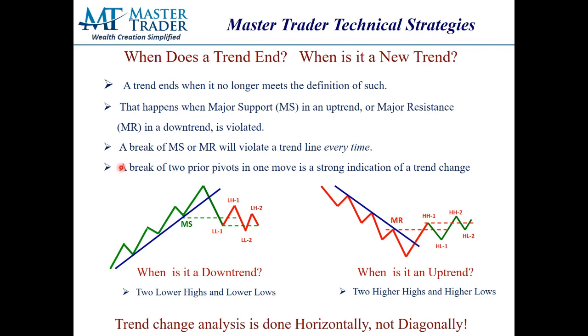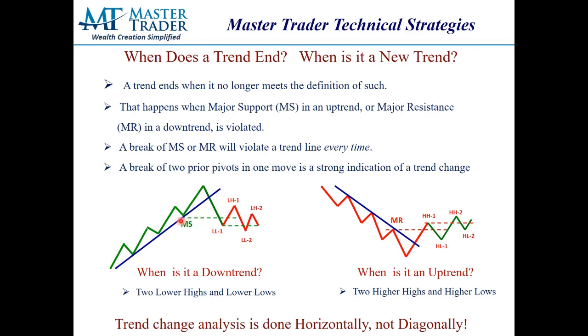Now, one of the rules that I have is that if it breaks below two prior pivots at one time, well, then that's an indication of very strong strength, and we'll say that the trend has changed. If prices move down under two prior swing lows, then we say that the trend has already changed.